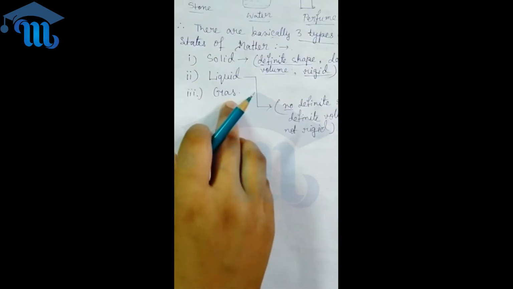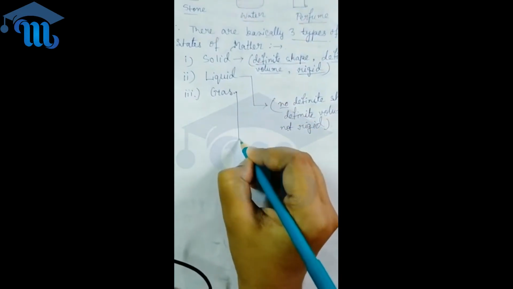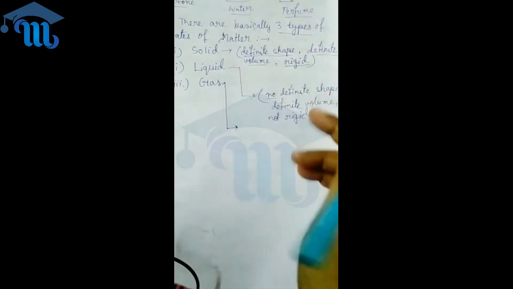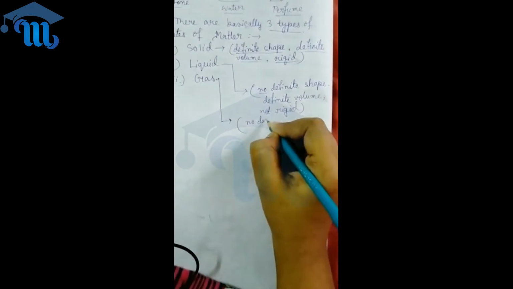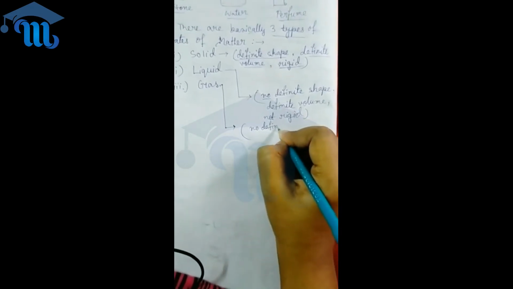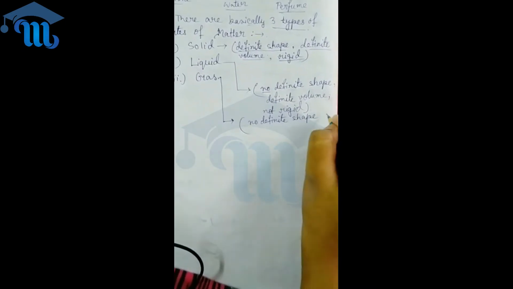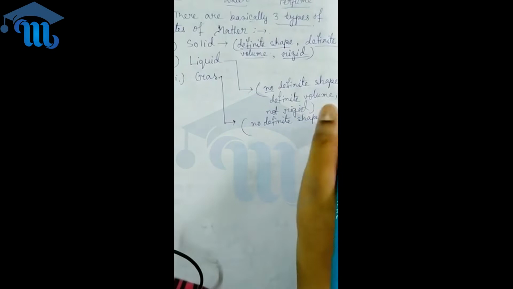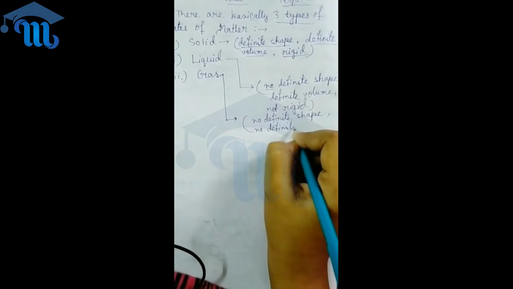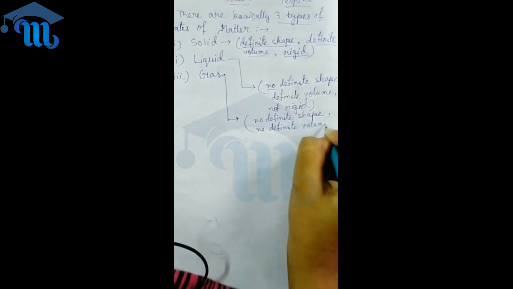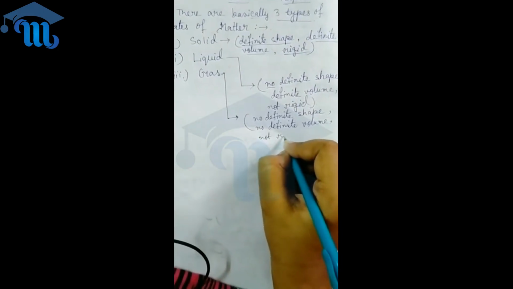Let's come to the third point, gas. What is gas and what are basically the characteristics of a gas? We can characterize the gas like this: no definite shape, no definite volume, and also they are not rigid.